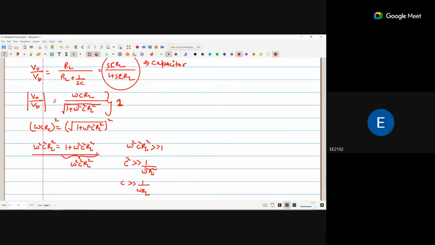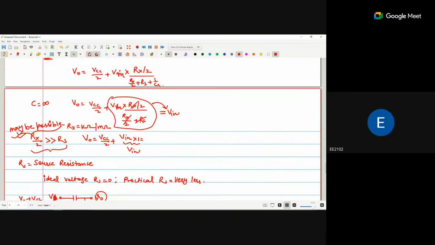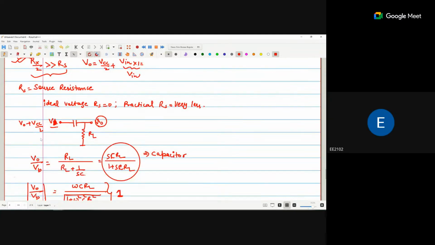Like for example, we consider that this is the one. That means the VB point and Vo will be the same. But if we say that Vo is 1% of VB, so what should we do?